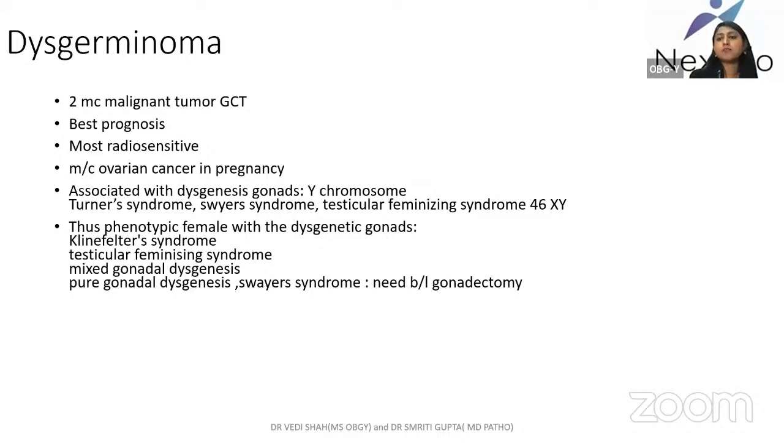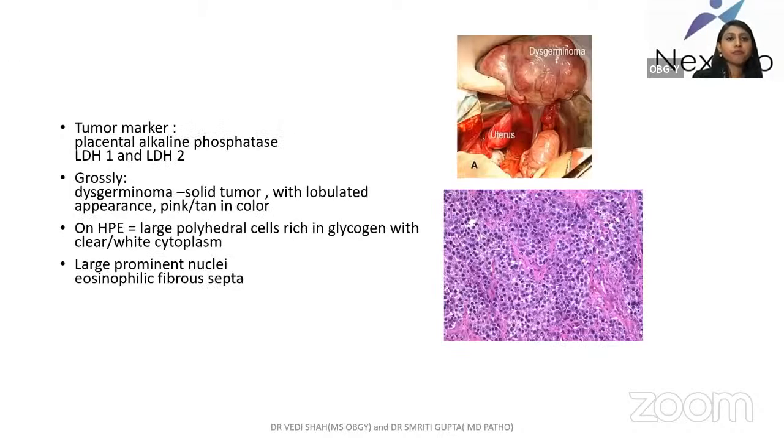So in any patient with Turner syndrome, Swyer syndrome or testicular feminizing syndrome, or a phenotypic female with a karyotypic Y chromosome, there are very high chances of dysgerminoma, and you need to go for removal of these gonads, because they are at lifetime risk of developing dysgerminoma. Thus, for a phenotypic female with dysgenic gonads, you have to go for bilateral gonadectomy.